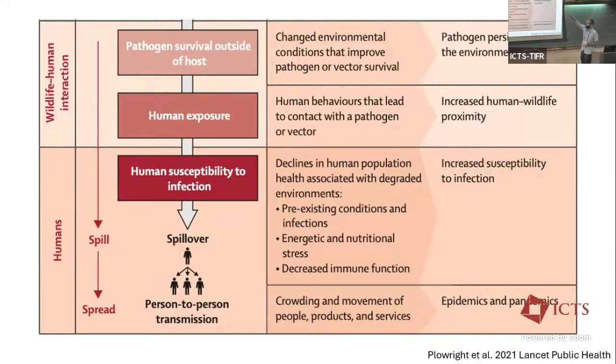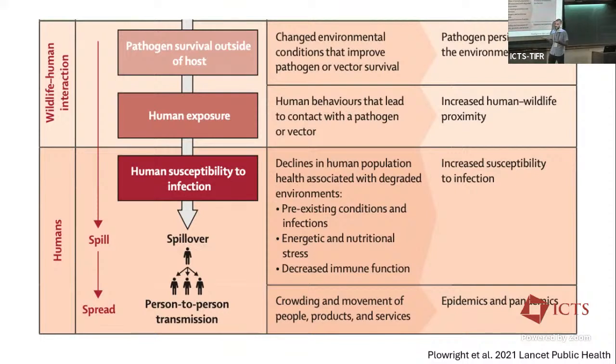And then you have additional things that can happen on the other side, like the recipient side of pathogen exposure: changes to human behavior, right? In this process of land use change, they may be doing things on that landscape that may expose them to pathogens that they would not have been exposed to before. But you can also get changes in human population health as well, right?